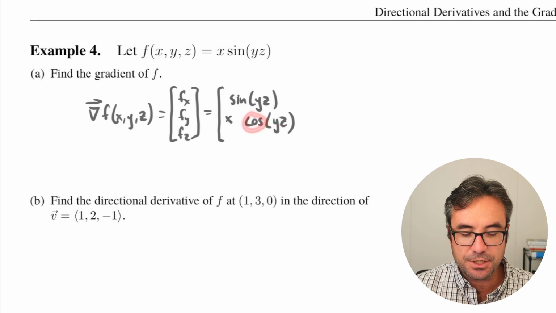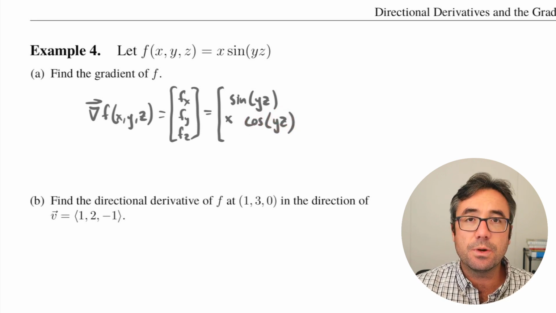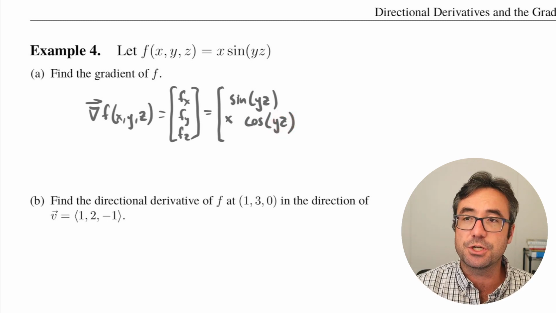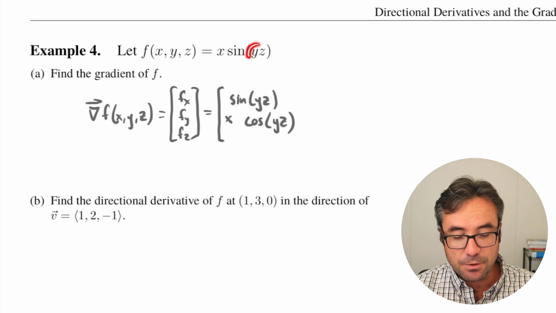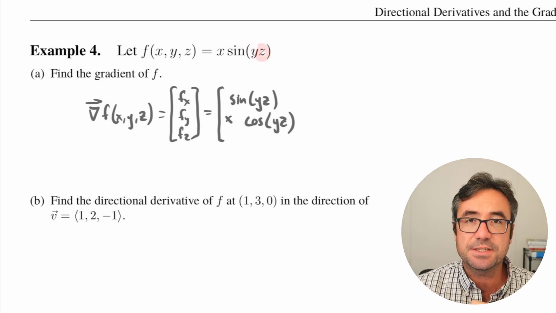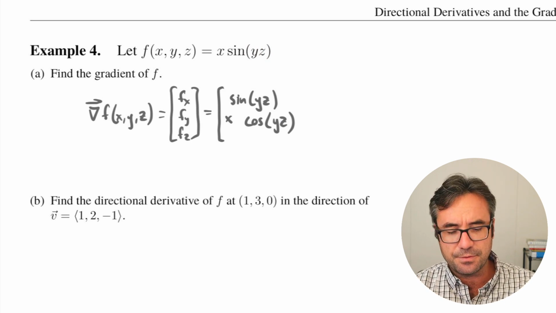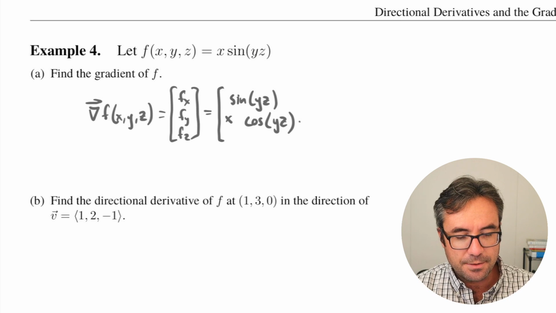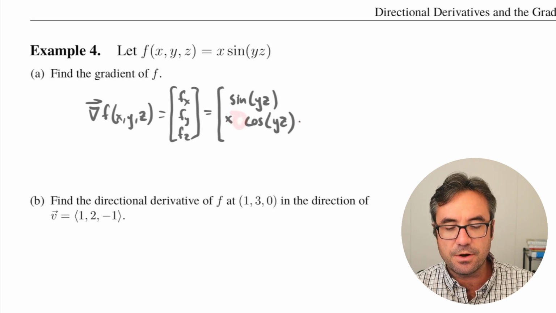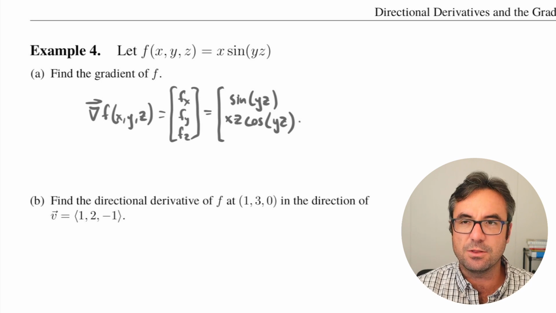There's an outer function and an inner function, so when we differentiate, we also have to multiply by the derivative of the inner function. In this case, the derivative of y is 1, and then the z is a constant multiple, so that sticks around in our derivative. We could write the times z over here, but I'm actually going to put it in front of the cosine, just to make it look nice.